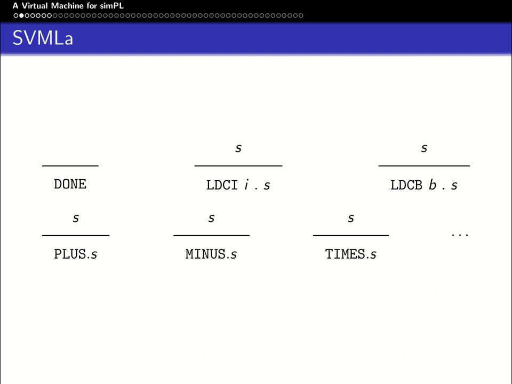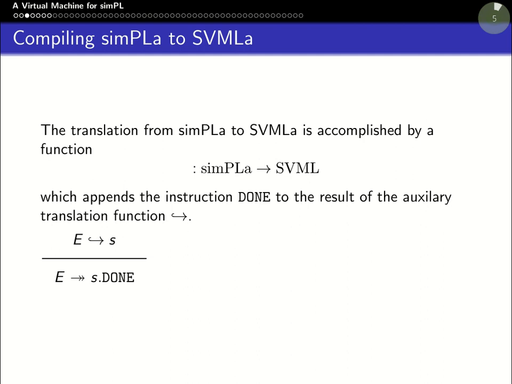LDCI stands for load constant integer, and the argument I is supposed to be an integer. The effect of that, if you remember, is to load I into the stack. LDCB is similar, just that the argument is a Boolean. Then we have the instruction plus, which pops 2 arguments, computes a result, pushes back that result. And similarly for minus and times. Okay? So everything is relatively easy so far.